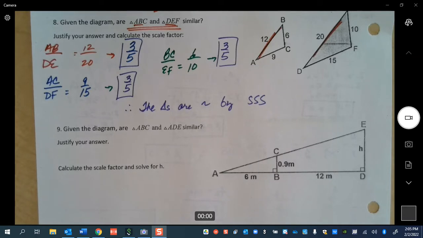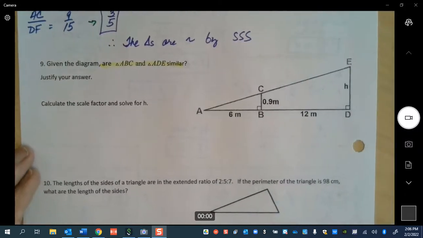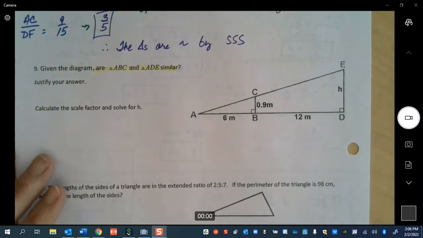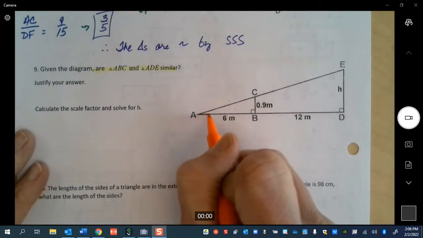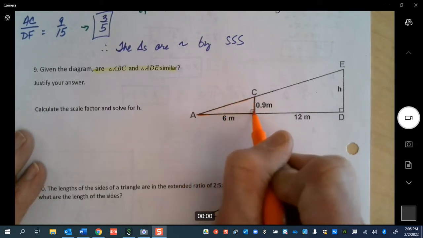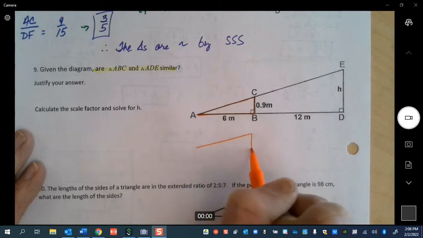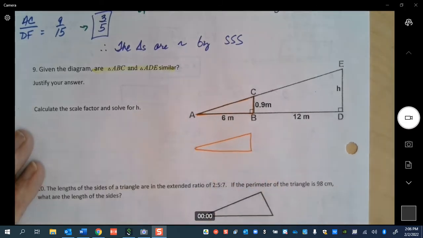All right. So when I look at this next one, I'm again given these two triangles to see if they're similar. And I want you to be careful about which triangles I'm talking about. I'm talking about triangles A, B, C. Do you see this little triangle here? And if it's easier for you to draw it, please do.